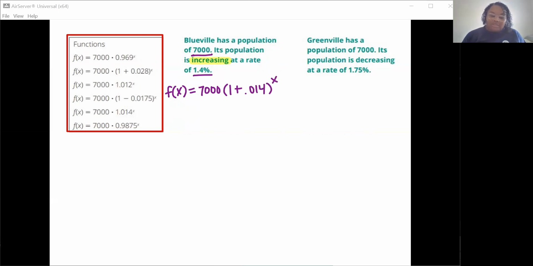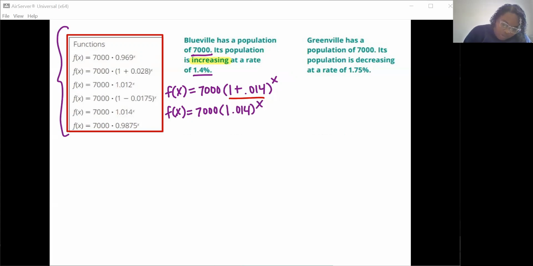Now, I don't see that function anywhere in my options here. So I'm going to try simplifying and adding what I have in the parentheses. Now I'm going to have f of x equals 7,000 times 1.014 to the power of x. And that I do see as one of my options. So I'm going to go ahead and label that as number 1, and we'll put that as problem number 1.